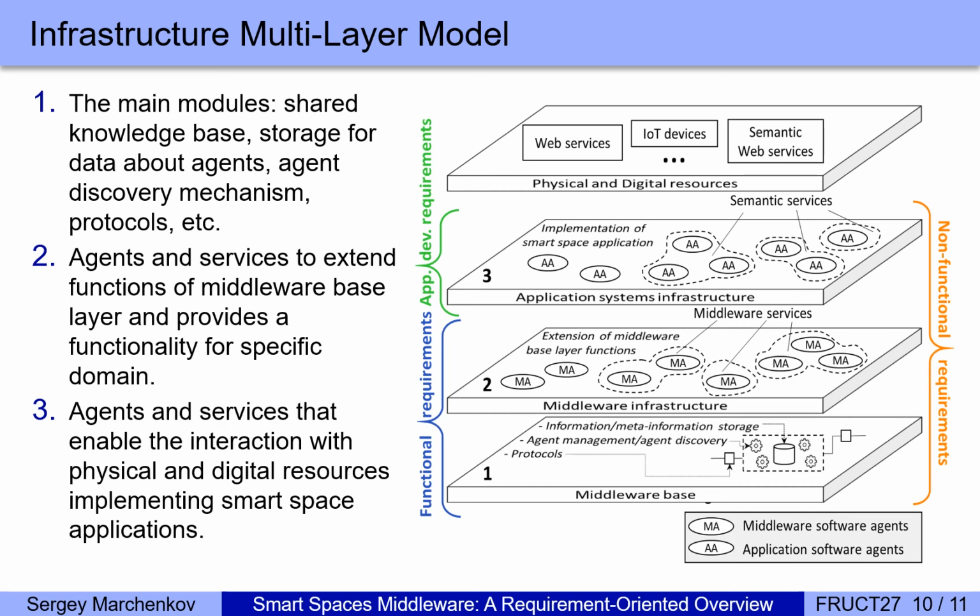The middleware infrastructure layer contains agents and services to extend functions of middleware base layer and provides a functionality for a specific domain of application systems. The application systems infrastructure layer contains agents and services that enable the interaction with physical and digital resources implementing smart space applications.